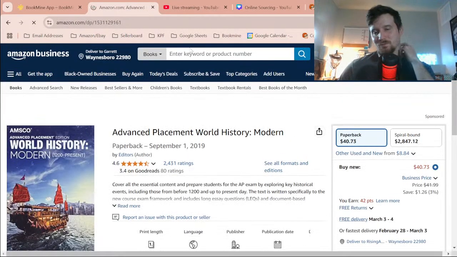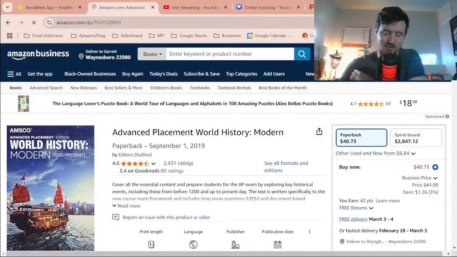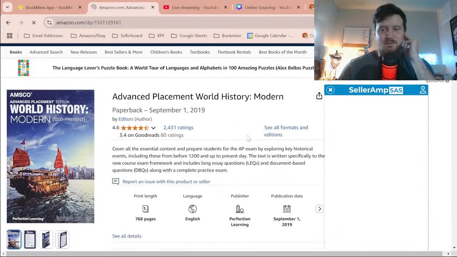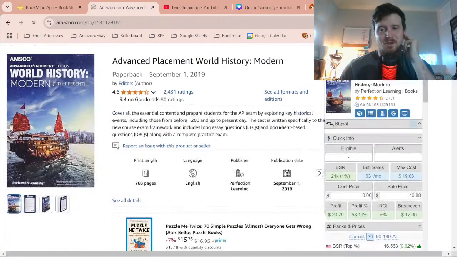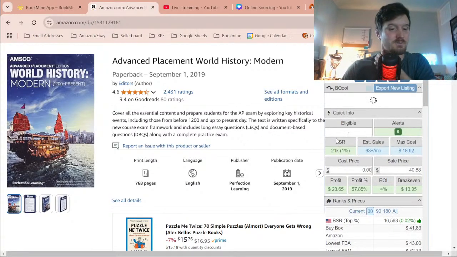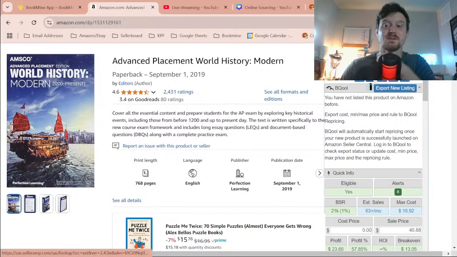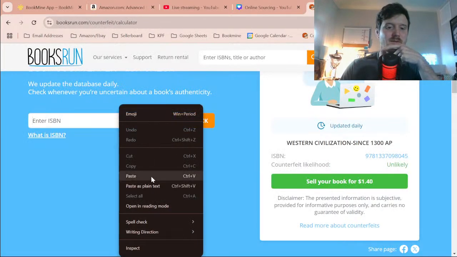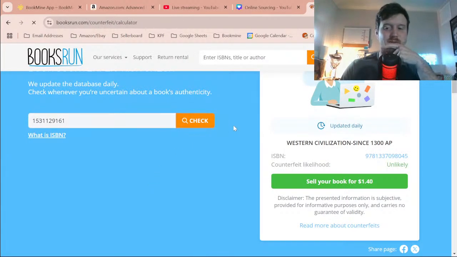One issue with these books that sell like crazy is that a lot of them will be either not eligible or a high likelihood of being counterfeit because they sell so much. So we'll go ahead, we are eligible, we'll pop it into the Books Run counterfeit checker, and it is unlikely.